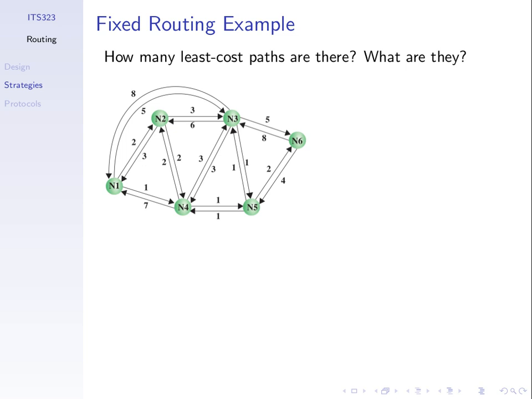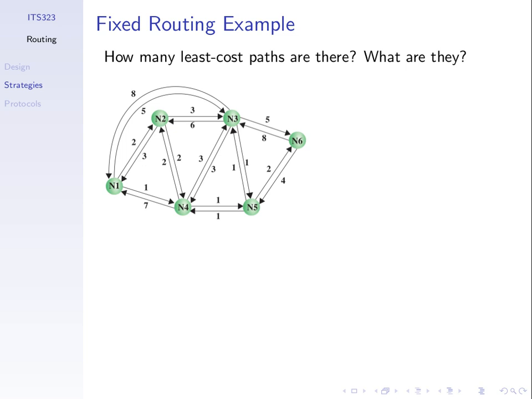Anyone tell me? I've calculated. I think you'll find it's 6, 5, 4, 2, 1, which is 4 plus 1 is 5, plus 2 is 7, plus 3 is 10 as a cost. 6, 3, 1 has a cost of 8 plus 8, 16.